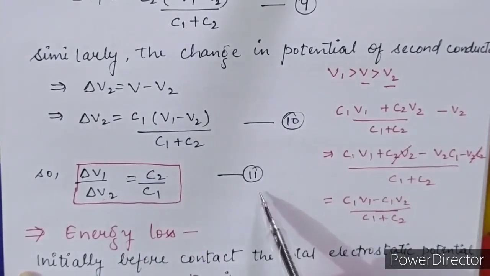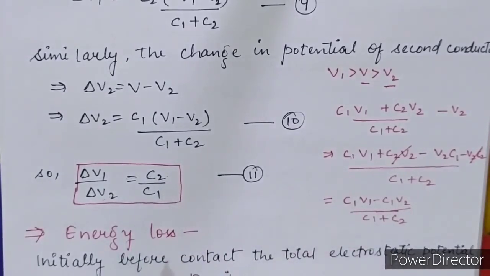Question number 11. This is about the redistribution of the charge. First, you have to calculate the value of the total charge when no conducting wire is connected between the two isolated spherical conductors, both having different values of potential.